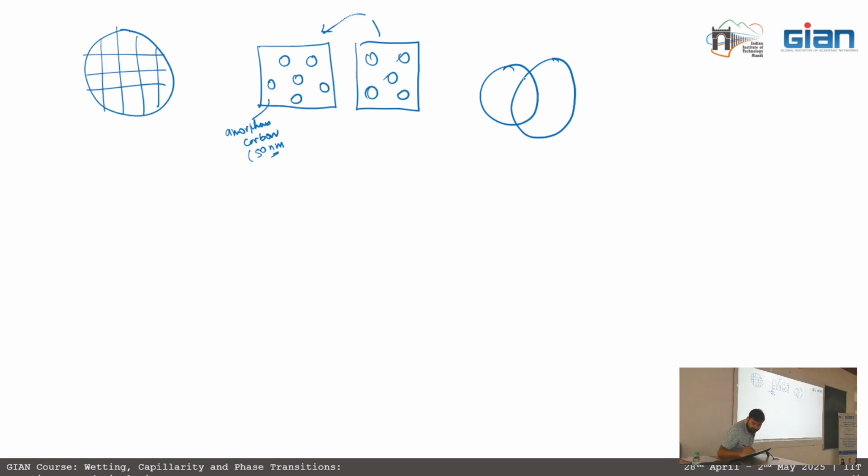This is the region where the thickness would be minimum, because in the other regions we will have at least amorphous carbon from outside. We have amorphous carbon here as well as here. But at the intersection we don't have any amorphous carbon, we just have a suspended graphene layer. So this is the region where you get the maximum resolution.